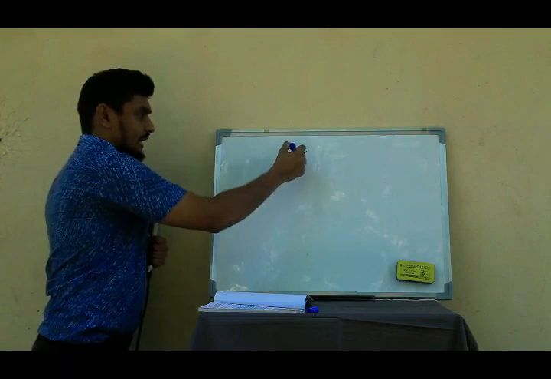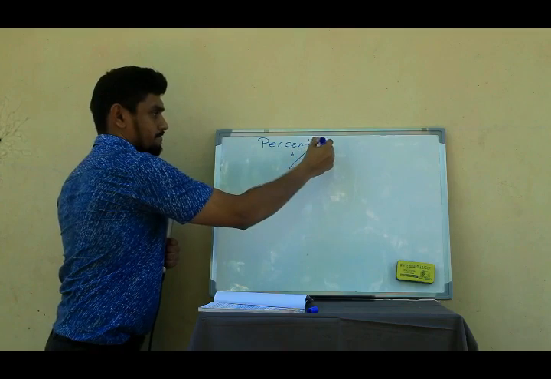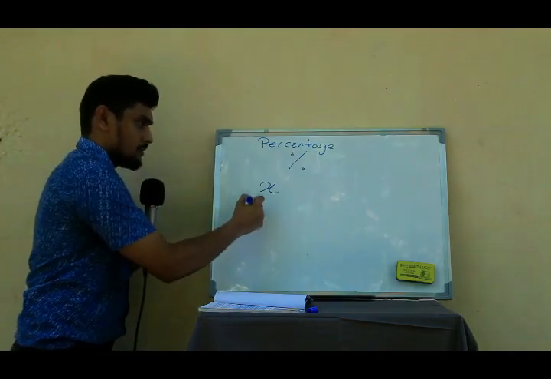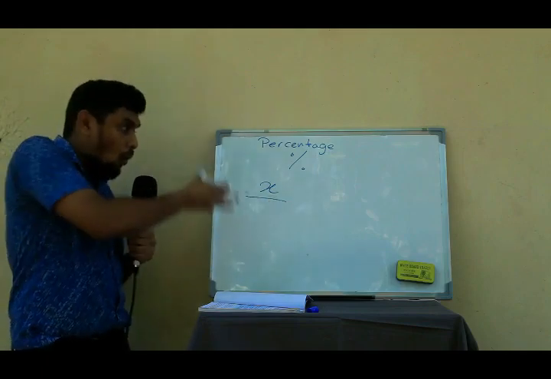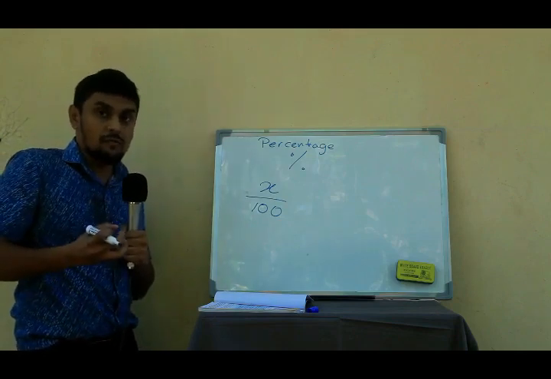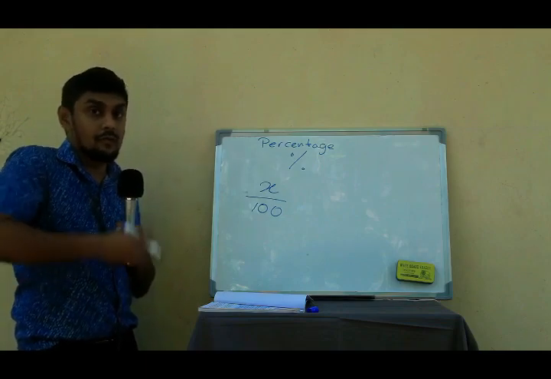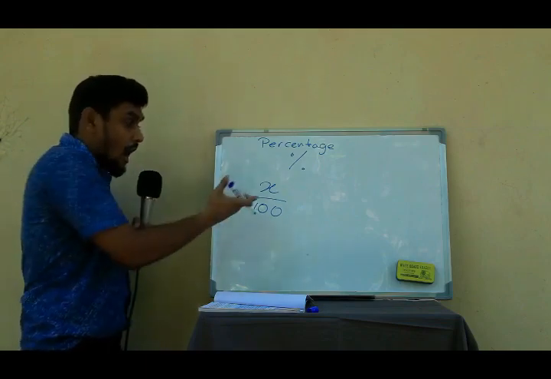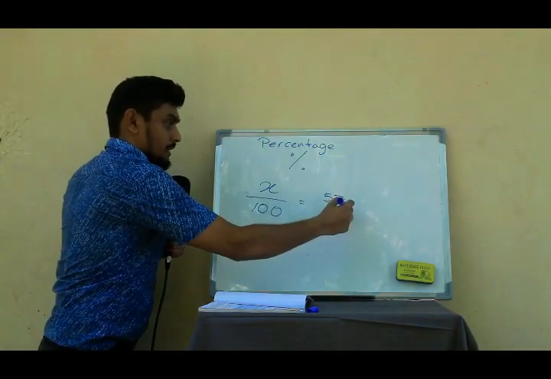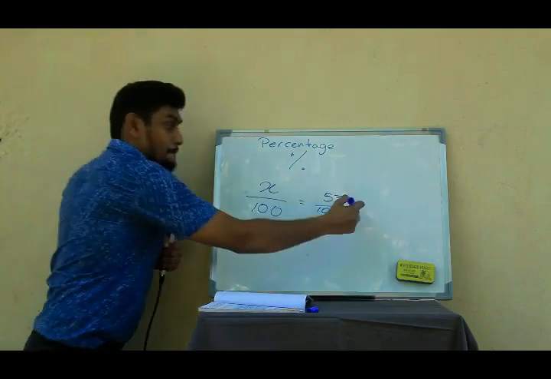So percentage means the value over 100. That means the part which you have to belong out of 100. That means 57 out of 100 means 57 percentage.